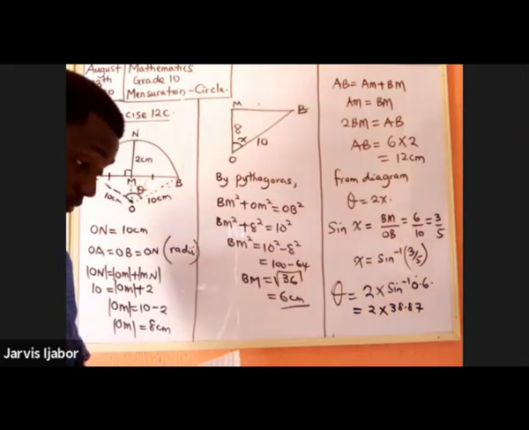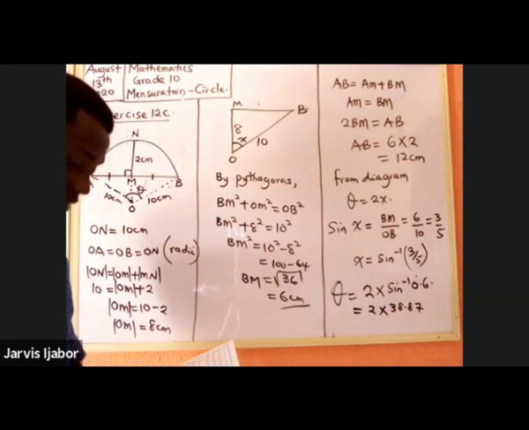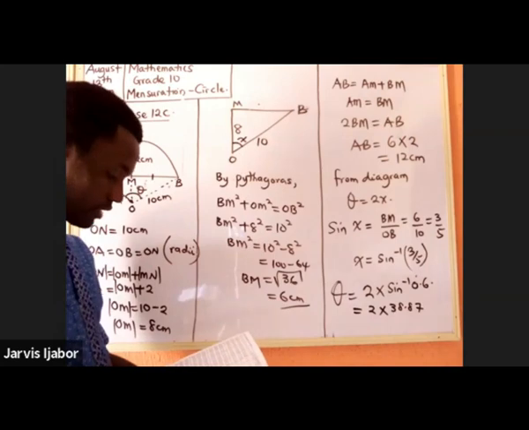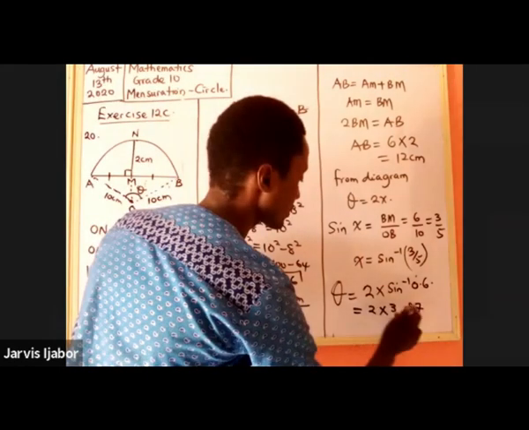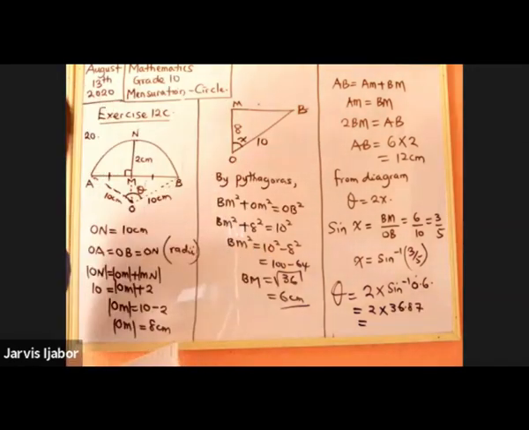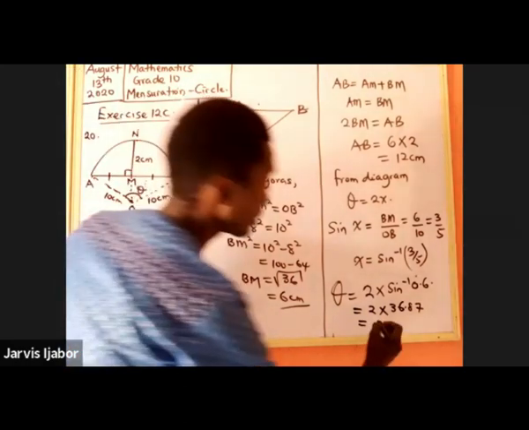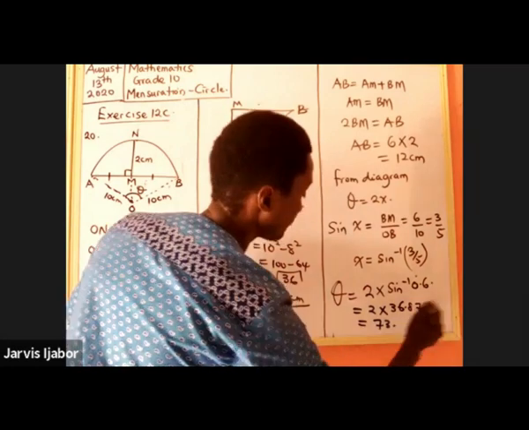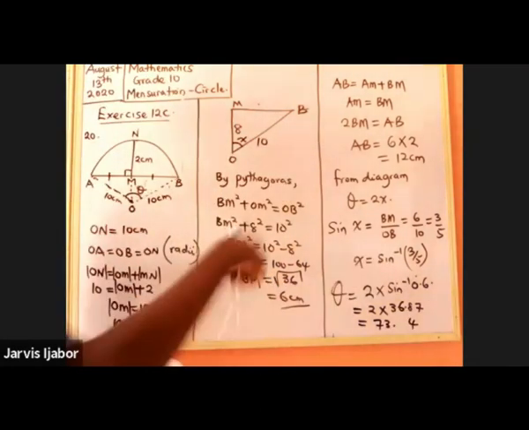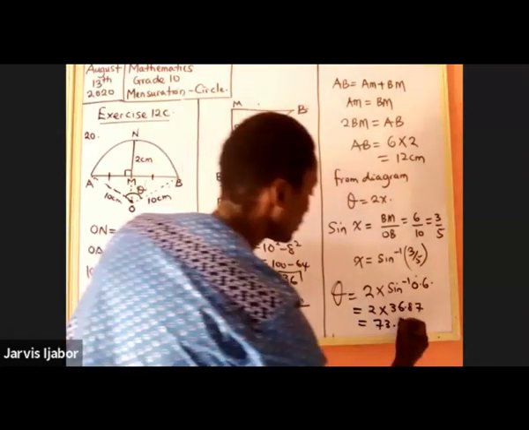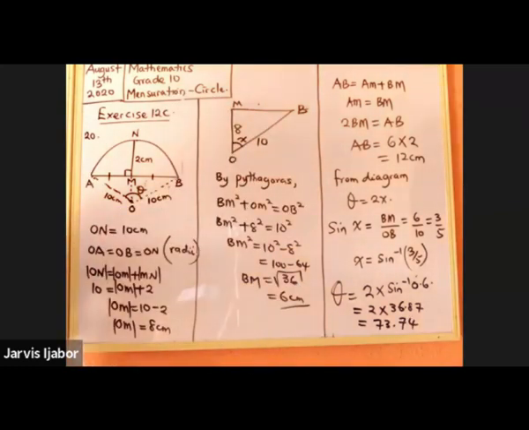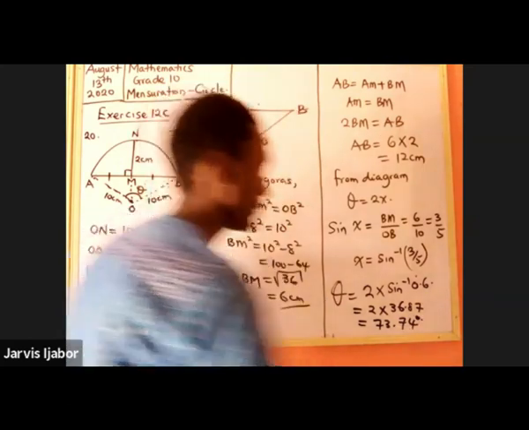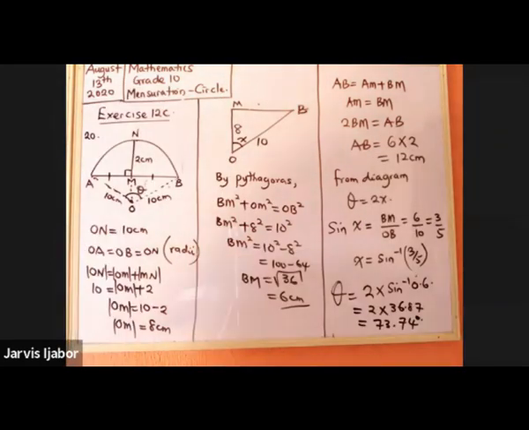Let me confirm that. 36.87. So when you multiply that by 2, what would that give you? That will give you 73.74 degrees. So that's what theta is going to be. That's for question 2.